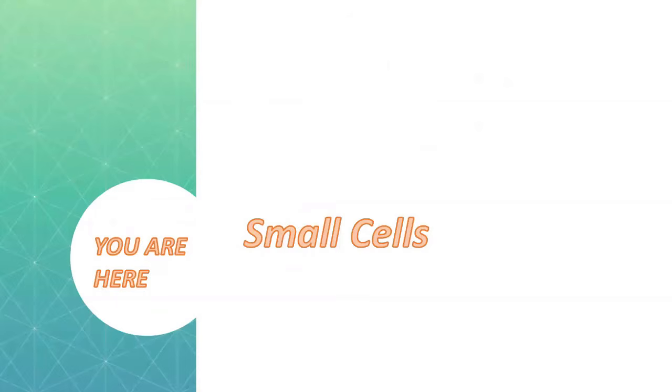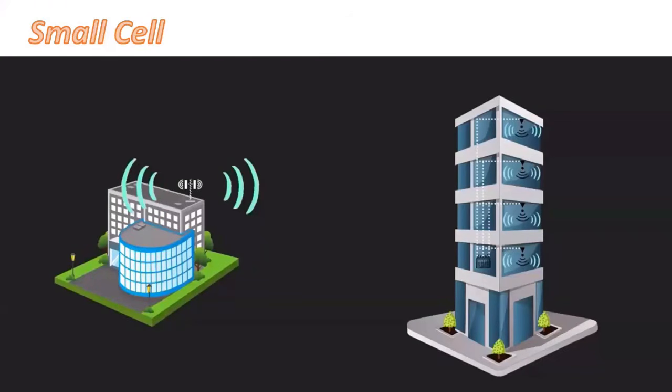The next topic will be the small cell. So what is a small cell? A small cell is a mini base station. They're specifically designed to extend the capacity of a cellular network. These are low power radio access nodes and they can be deployed indoors, outdoors, wherever you want. They usually have a range from 10 meters to a few kilometers. Therefore, mobile operators use small cells to extend their service coverage and increase network capacity.